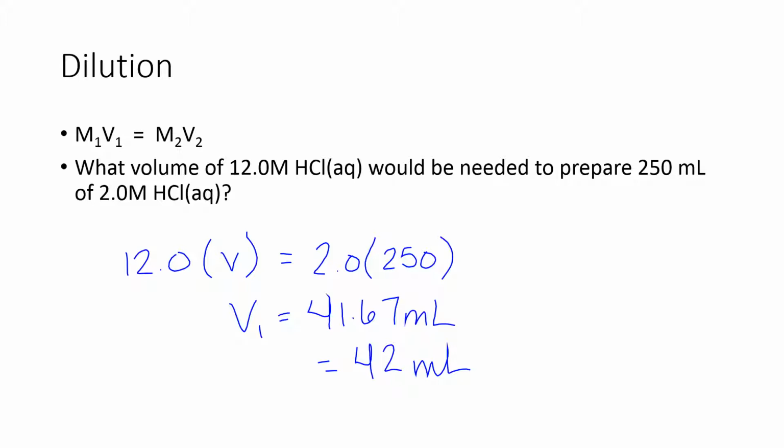So when you multiply 2 times 250 and divide by 12, you get that our beginning volume is going to be 41.67 milliliters. Now to account for sig figs. 12 molar is 3 sig figs, 250 milliliters is 2 sig figs, 2 molar is 2 sig figs. So we want our answer to be in 2 sig figs.